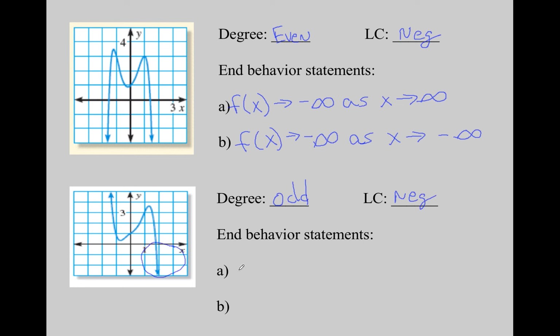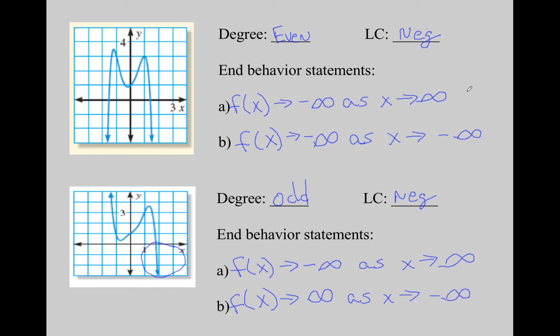We'll use this notation on this page. We'll do this whole page with the same notation. Y's are approaching negative infinity as x approaches positive infinity. Left hand side, your y's are going up, arrow's going up, your y's are getting larger, f of x approaches positive infinity as x approaches negative infinity.